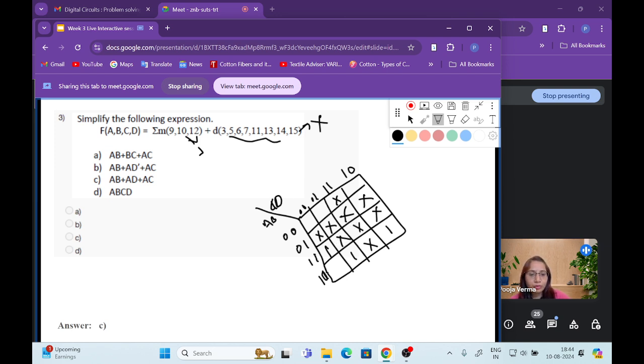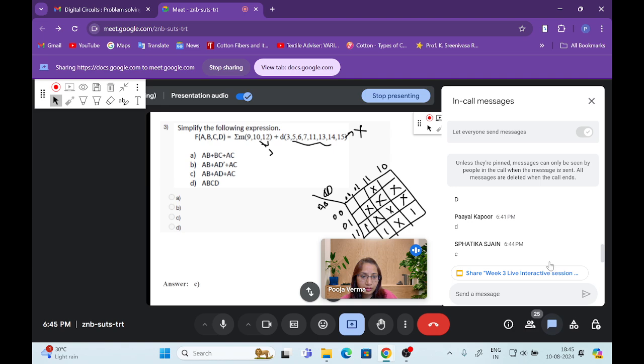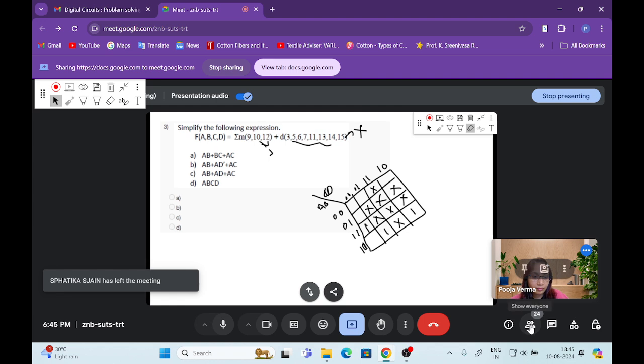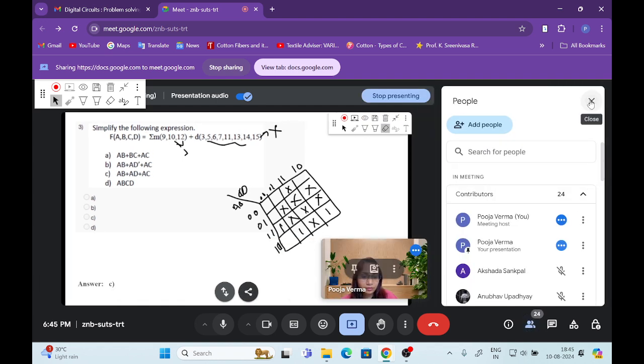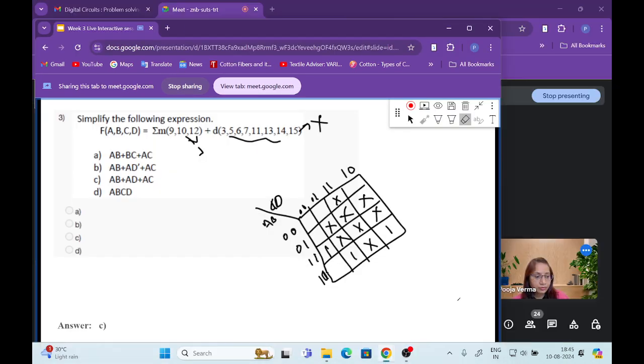Now what we need to do? Now we have to make pairs, whether it is a quad, an octet, or a pair. So we can see that in this place there will be no don't care. Now from here we can make a group, right? And in which other places can we make a group?